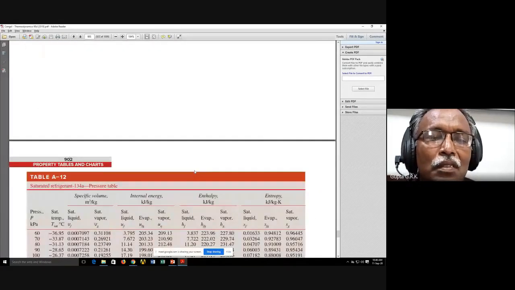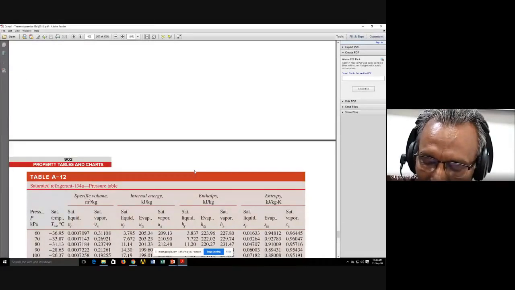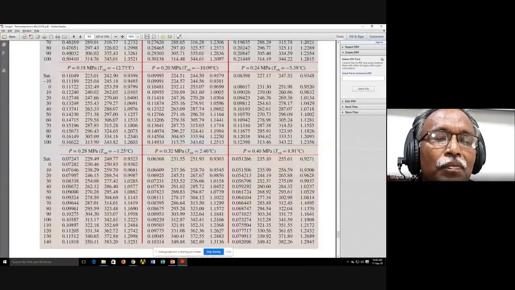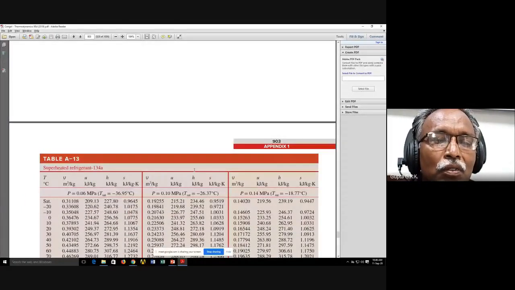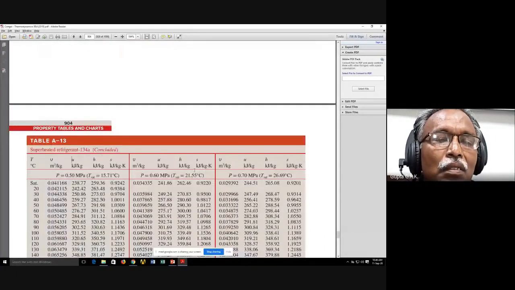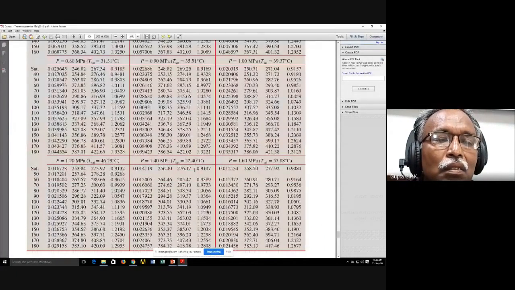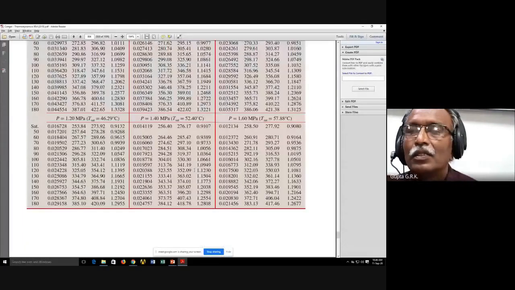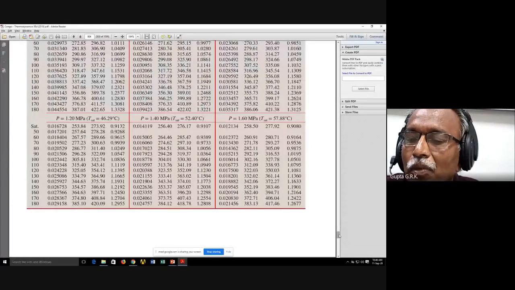Pressure-based, 902. Superheated, 903. These are sufficient. Okay. So we'll see problems.